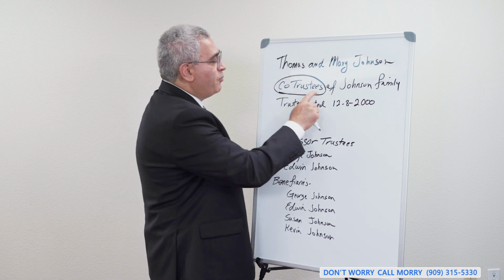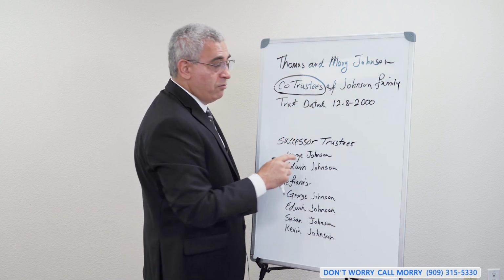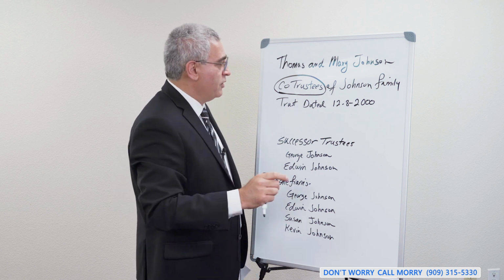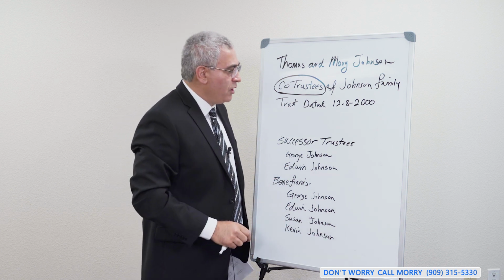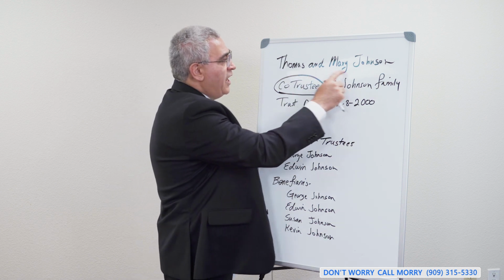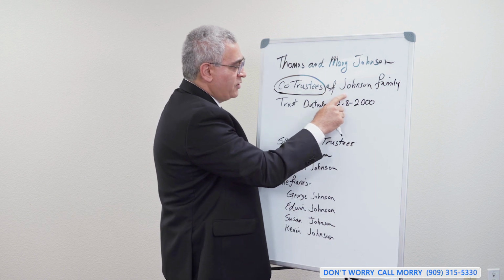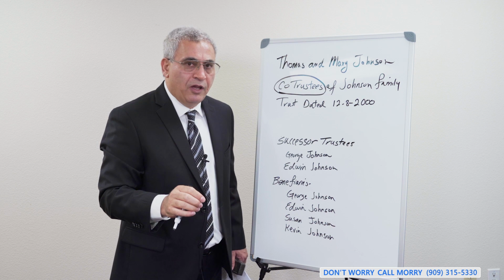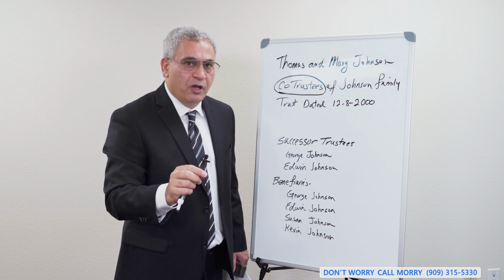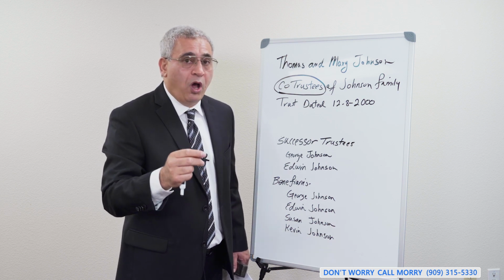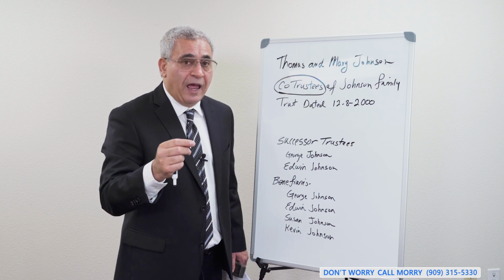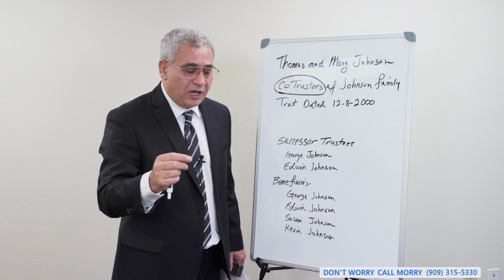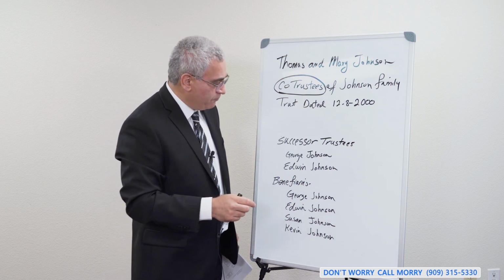So now the property is held in a living trust, and the attorney will say, okay, I'm going to put your name as a trustee of the trust, but in the event of your demise, give me a person or persons who are able to act as a successor trustee. And they say, well, you know what?